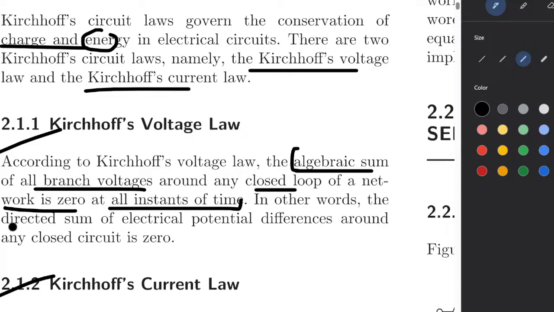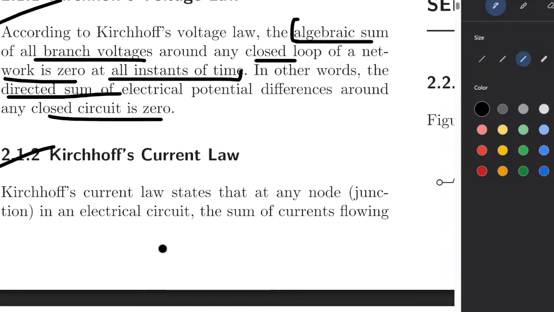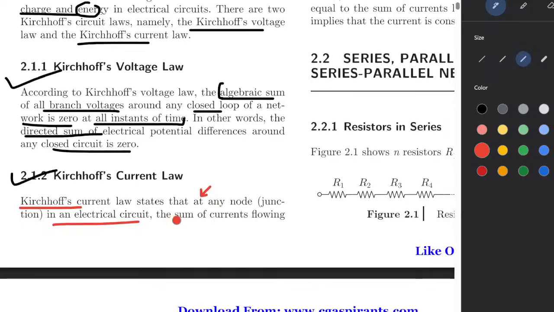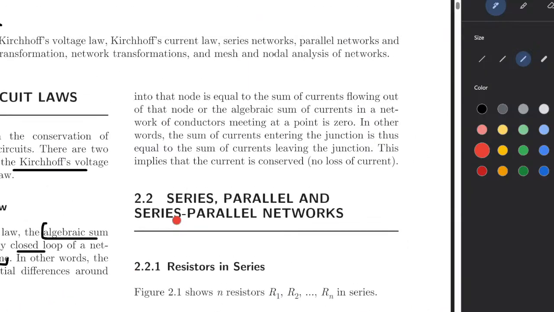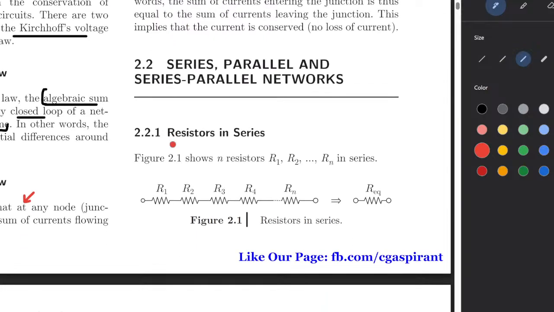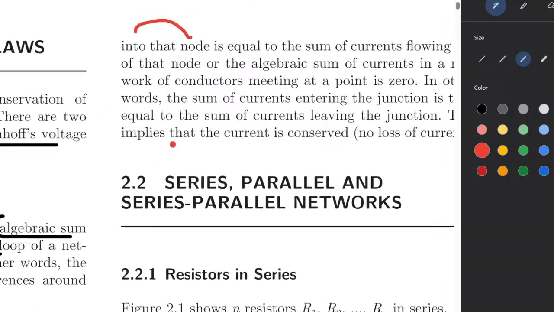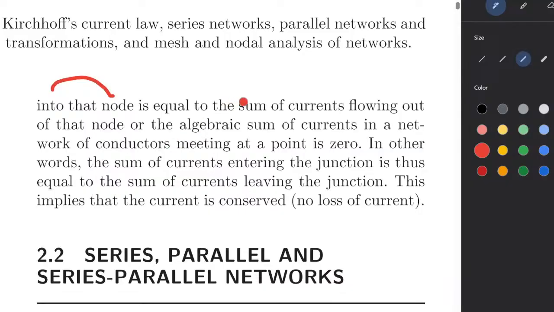In another word, we can say the directed sum of the electrical potential differences around any closed circuit is equal to zero. Kirchhoff's current law states that at any junction in an electrical circuit, the sum of the current flowing into the node is equal to the sum of the current flowing out of the node.